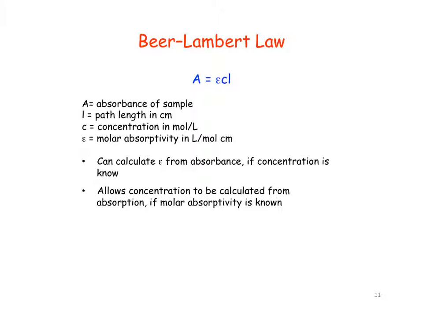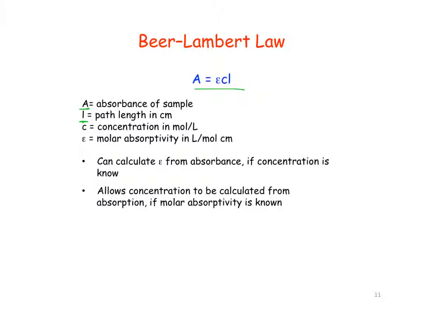Here it is. So, A is the absorbance. This is what we read right off of the y-axis of our spectrum. This is how much light is absorbed. L in this case is the path length. So this is the size of our sample container, right?